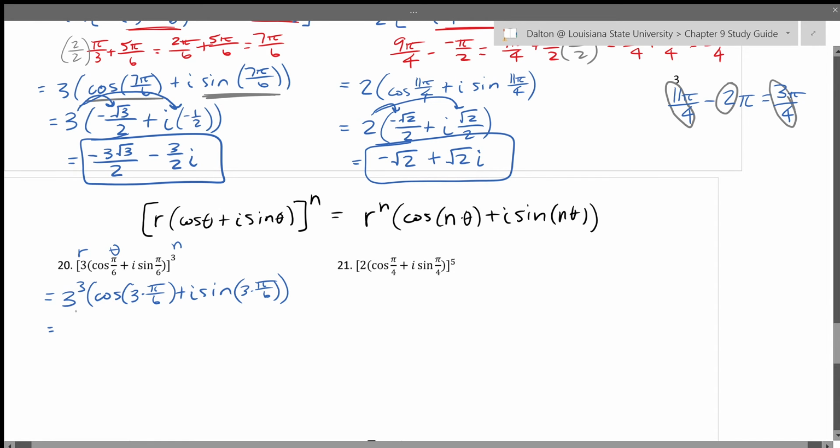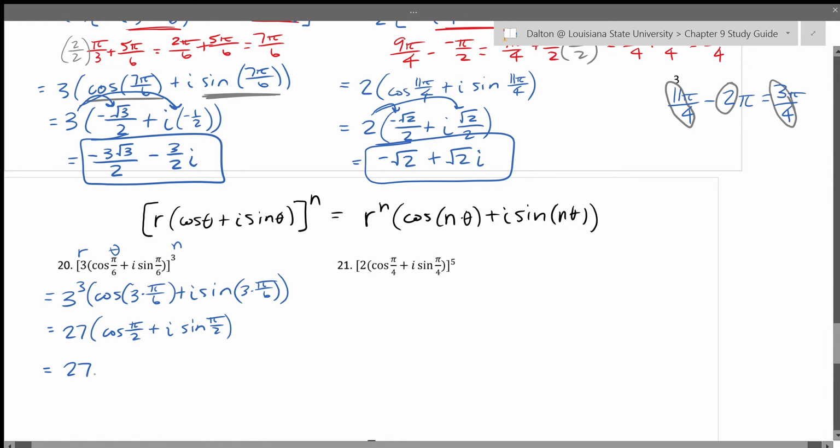So 3 cubed is 27, times the cosine of 3 times pi over 6, which is the same thing as pi over 2. I don't really need coordinates or parentheses. So it's the cosine of pi over 2 plus i times the sine of, again, pi over 2. And then this is where the unit circle comes into play because I need exact values.